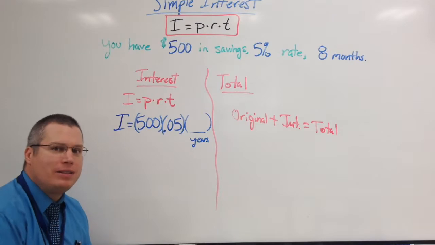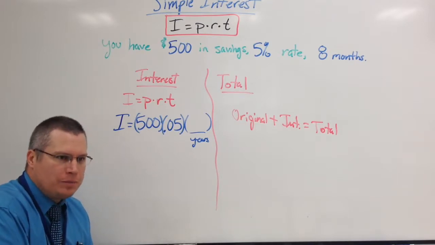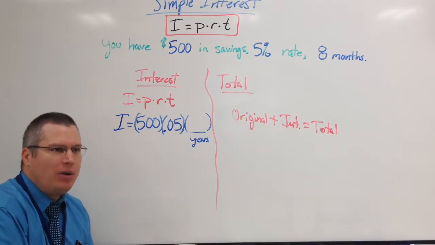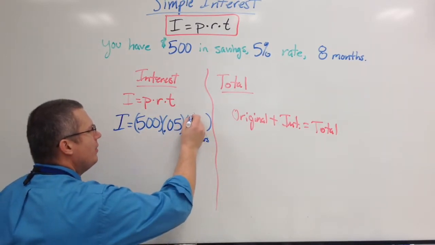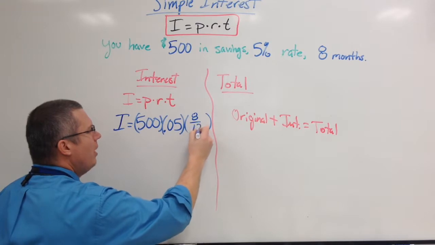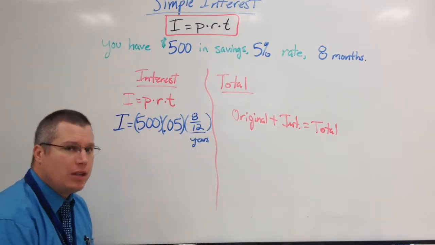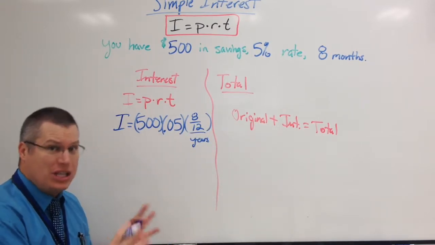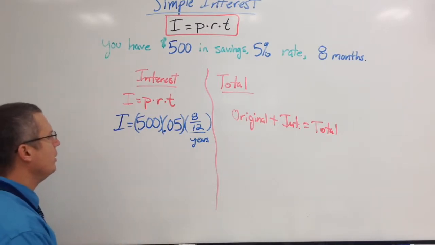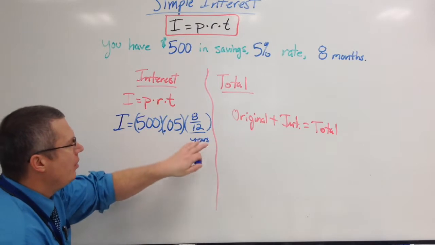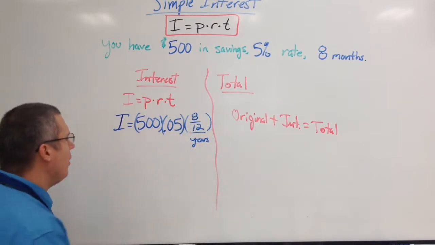Well, there's 12 months out of a year. So what is 8 months out of 12? Simply put, you can type it in as a fraction. 8 out of 12. So 8 months as years is 8/12. 8/12 of a year is 8 months. So when you get stuck on months, just put a fraction over 12.